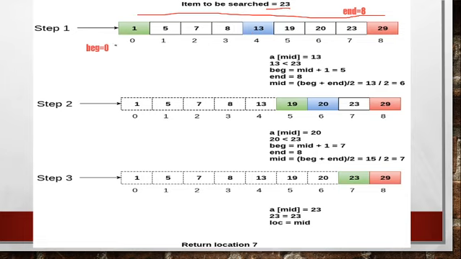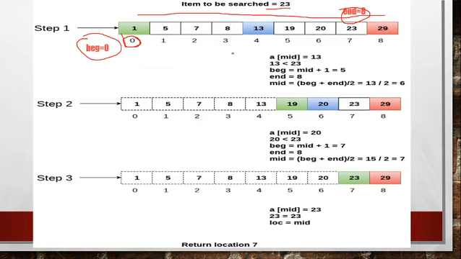Suppose the beginning is 0, and the end is 8, because there are 9 elements, and the index starts from 0. So the end will always be less than the length of the array.